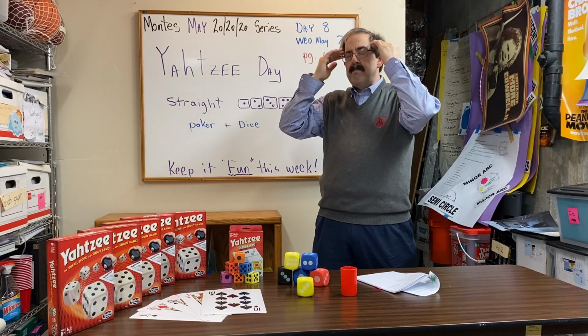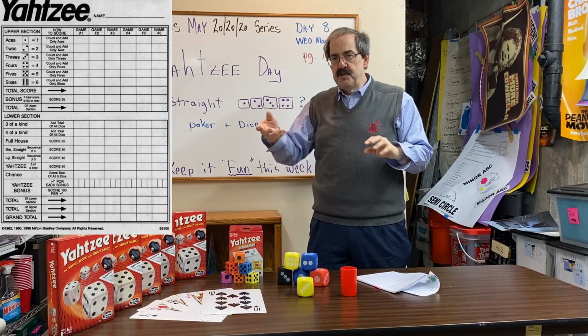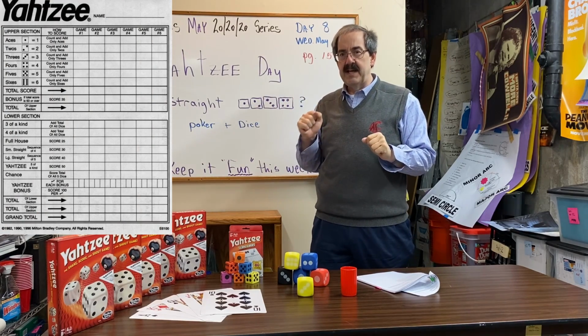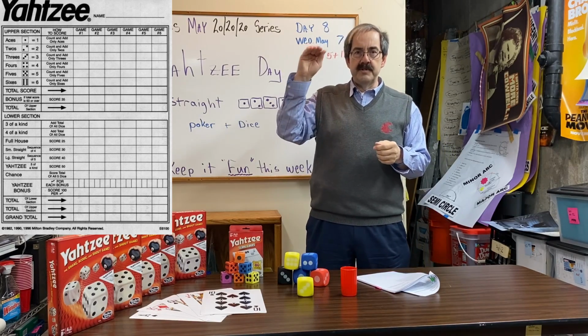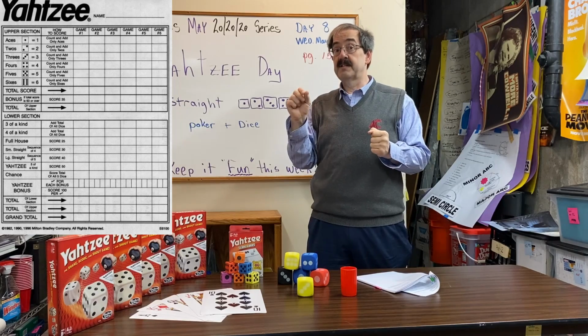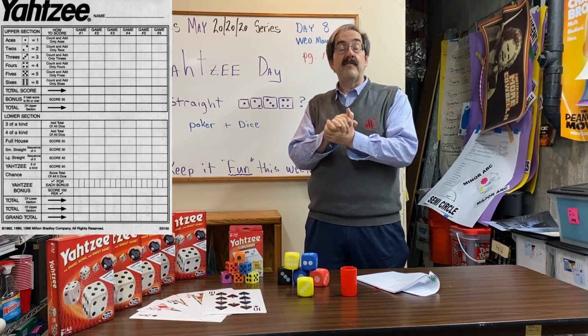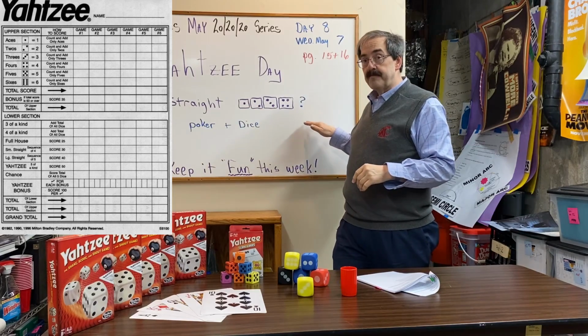I would like you to keep probability in the back of your mind. As you play Yahtzee, you got different categories, right? You got your 2s, your 3s, your 4s, 5s, 6s, 3 of a kind, 4 of a kind, the straight.